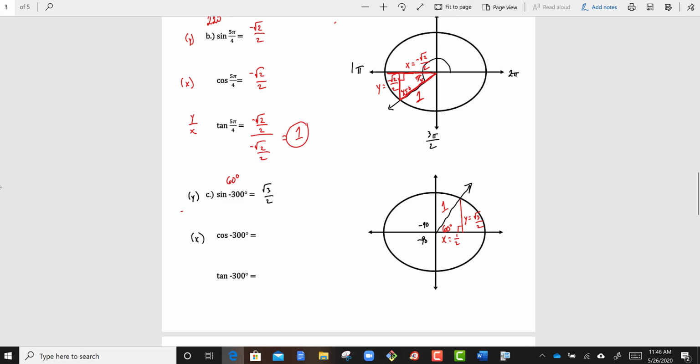For cosine, it's the x coordinate, which is positive 1/2. And notice everything's positive since we're in the first quadrant. And tangent is y over x. So it's radical 3 over 2 divided by 1/2. Flip and multiply, the 2's cancel. You end up with a radical 3 at the top of the fraction, which is okay.